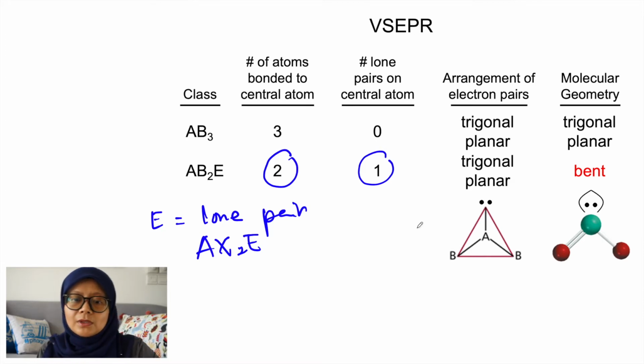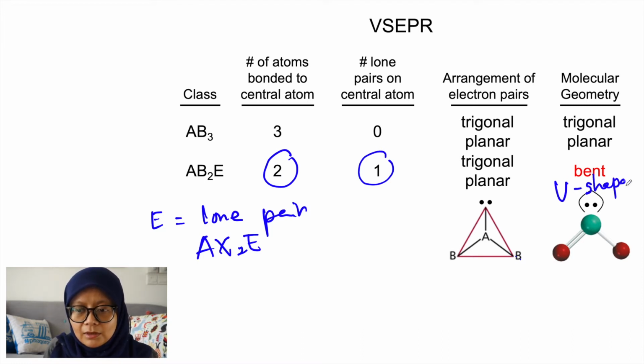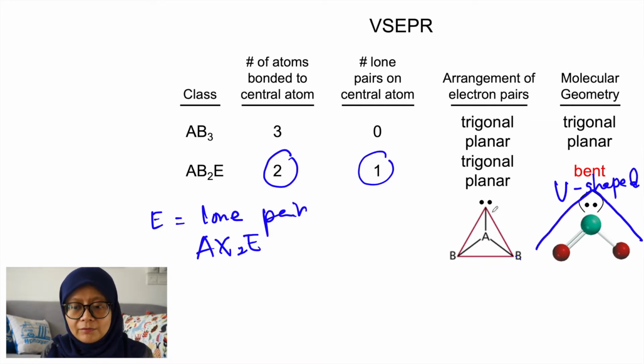This one will give you this kind of shape: one lone pair on the central atom and 2 surrounding atoms. The molecular geometry here is bent. We can also call it V shape, because it shows you the shape of a V.